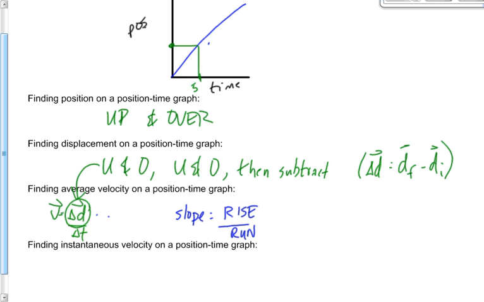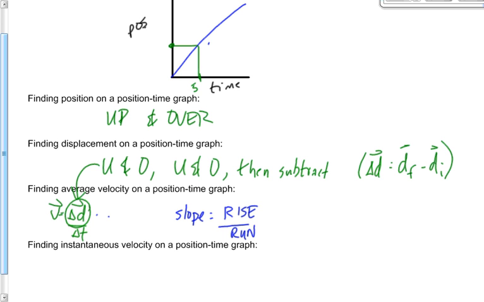The instantaneous velocity on a position time graph. Instantaneous means not the average, what you're moving on average between here and Edmonton. The instantaneous means what's the velocity now or now or now. Look, this is a straight line. If you want to find the velocity on a straight line, we know that it's constant.